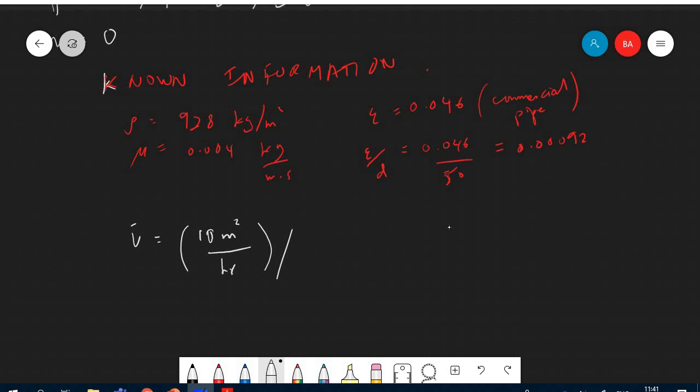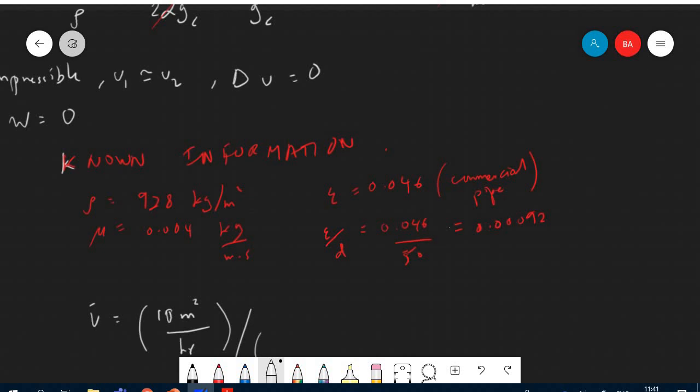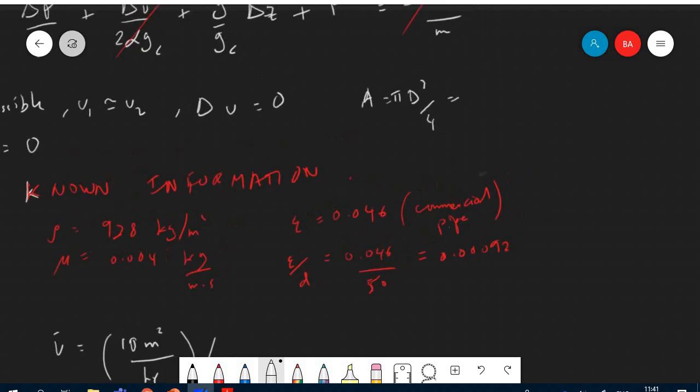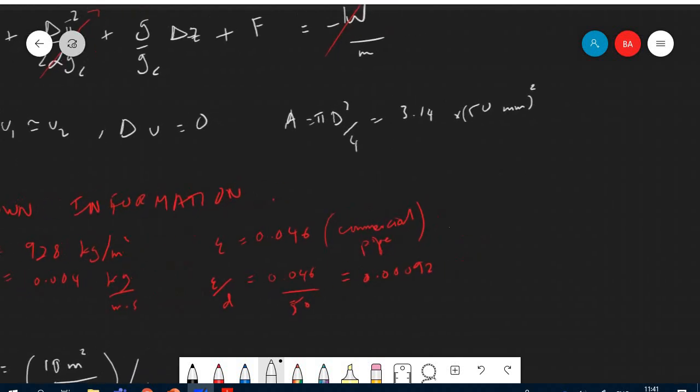And what is the area? The area is pi d squared over 4. Let me do the area here first, so that it becomes easier for me. So area is equal to pi d squared over 4, which is equal to 3.14 into 50 millimeter square.